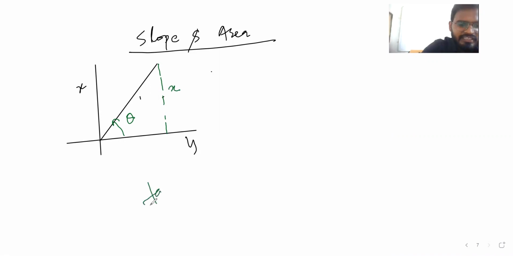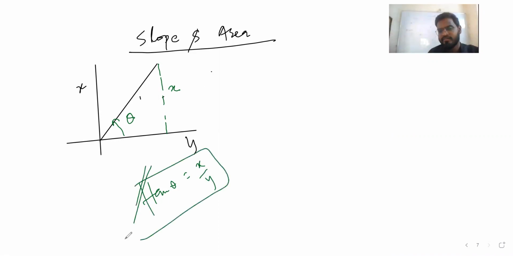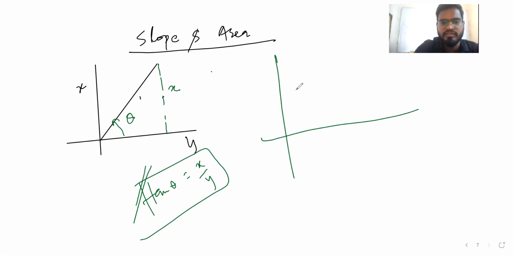So tan theta, any axis you can take, X and Y. Tan theta is X by Y.